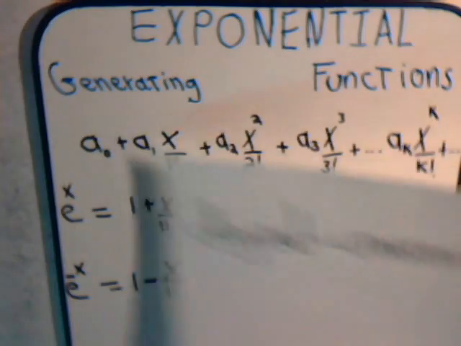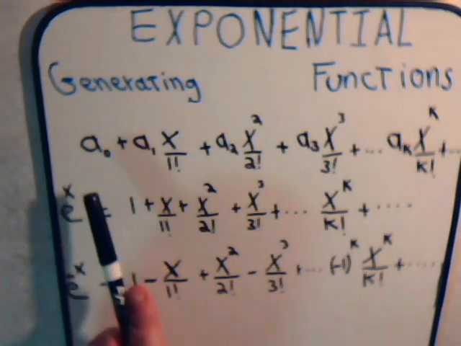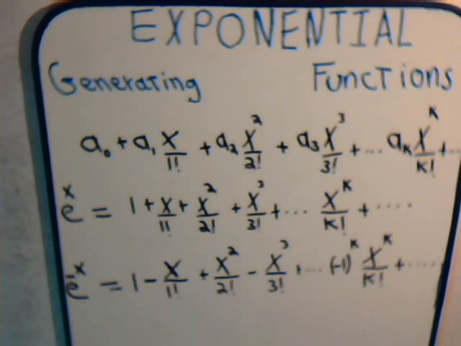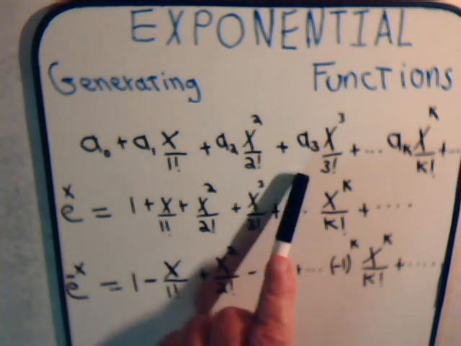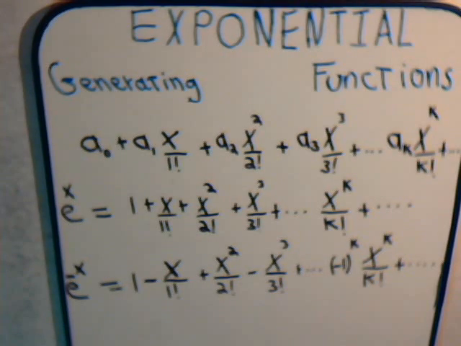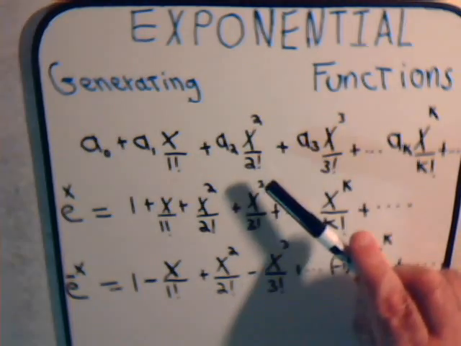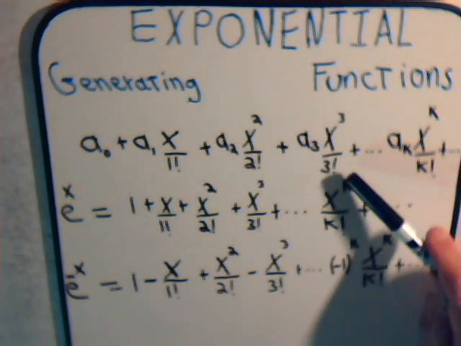Okay, for now what we want to do is remind ourselves this is the basic form of an exponential generating function, where we have a series of numbers, A0, A1, A2, A3, and so forth, and we multiply them by not just x raised to a certain power, but it's also divided by that factorial in each case.